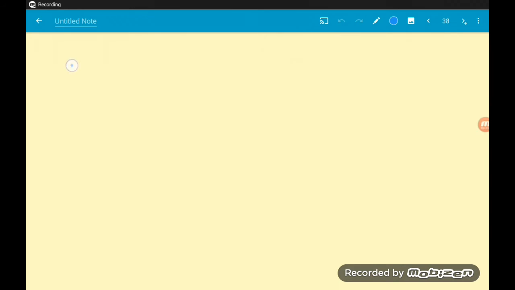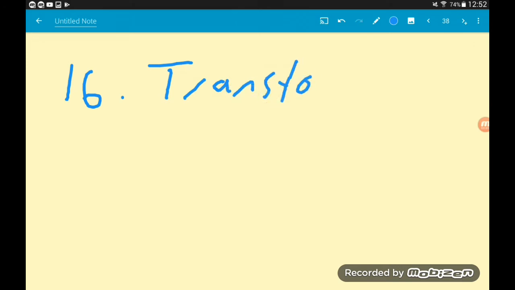Number 16, we're going to go for transformations. This is one for you both, transformations of shapes on graphs. So these include translations, rotations, enlargements and reflections. So you need to know how to carry all of these out, and you also need to know how to describe them.